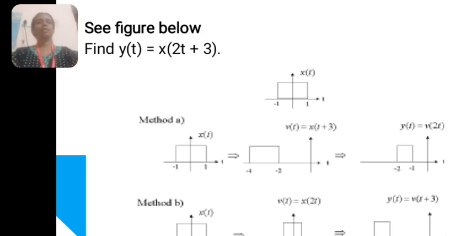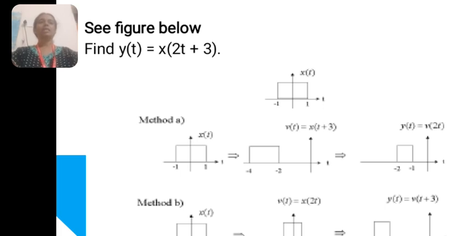X of t is given as a rectangular signal that ranges from minus 1 to plus 1, having an amplitude of 1. Now we can do the scaling and shifting operation one by one. So here the original signal is x of t, which extends from minus 1 to plus 1.